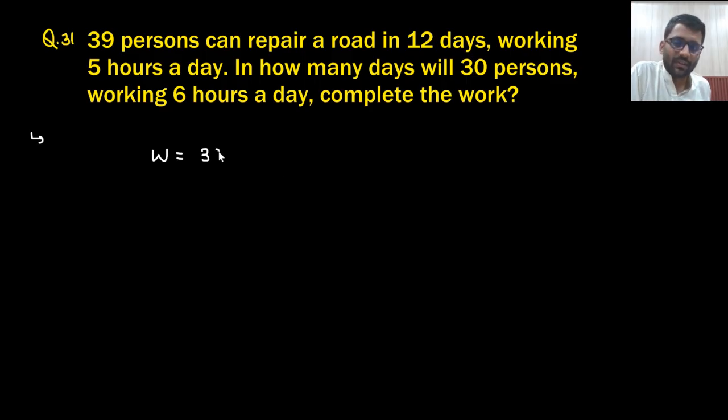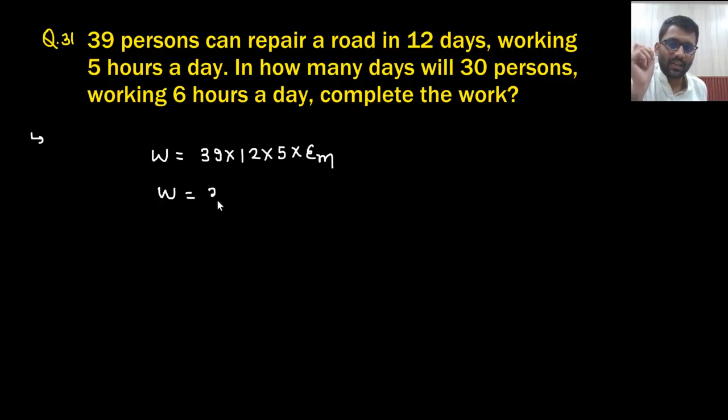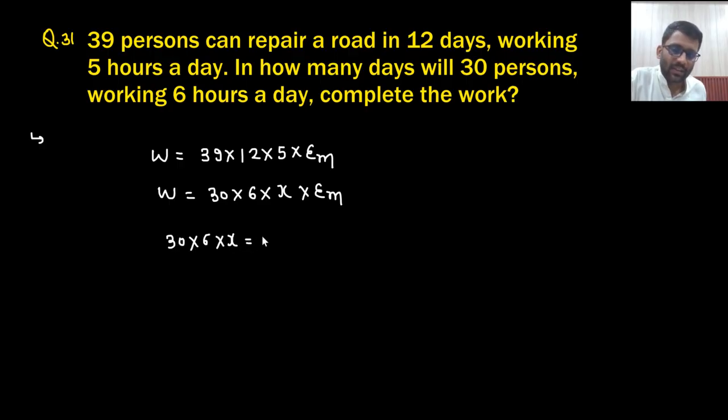So 39 men working for 12 days and 5 hours a day with their efficiency. Now in how many days does the same work have to be completed? 30 men working 6 hours, and you don't know how many days, working with their full efficiency. That's it. This is the equation. From here, what did you get to know? 30 into 6 into x is equal to 39 into 12 into 5. 39 people working for 12 days for 5 hours. 30 people working for x days for 6 hours.